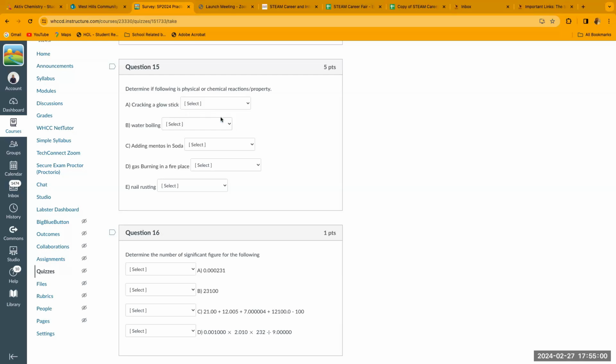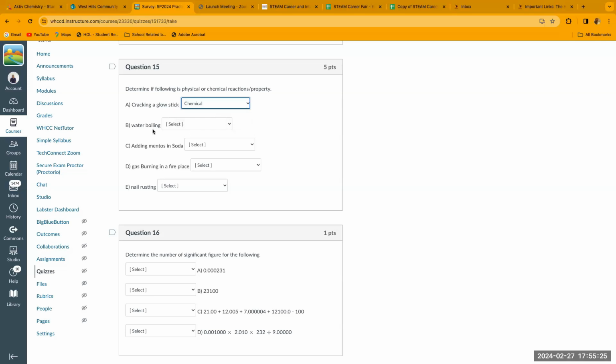Well, I guess the act of cracking would be the physical aspect of it, but we're talking about the chemicals on the inside. Is that going to be a chemical reaction that happens that causes it to glow? Okay. So it's going to be a chemical.